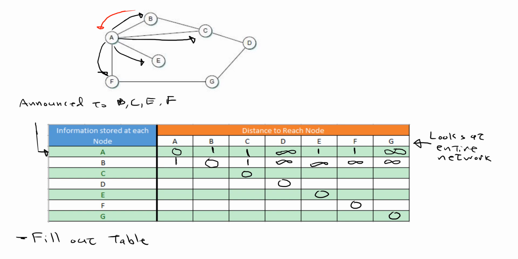Where things are going to get interesting is when we look at what gets announced for C, when C announces to A its information.